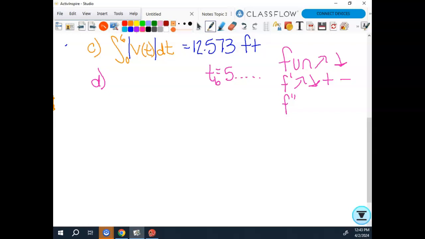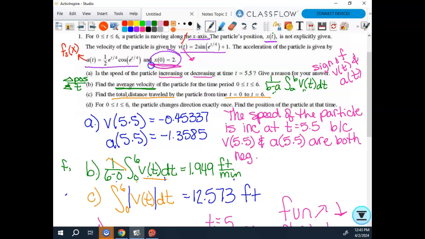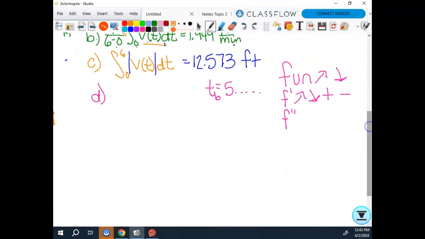I want to know where it changes position, but I don't have a position graph, right? But remember, they told us this up here. See this right here? X of 0 equals 2. I know that if I integrate velocity, I get position. But I'm not going to integrate that thing by hand. But if I do integrate my velocity from 0 to B, whatever that 5 is, that's what this is right here.